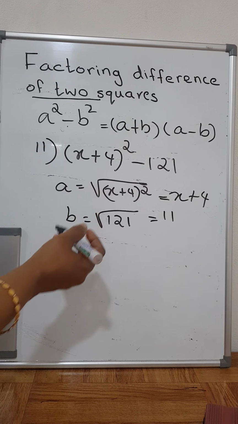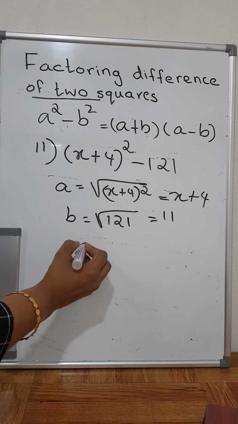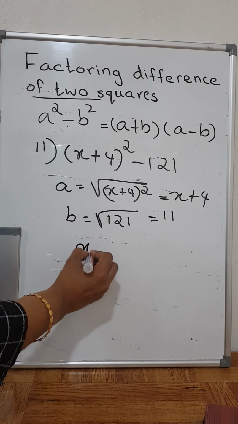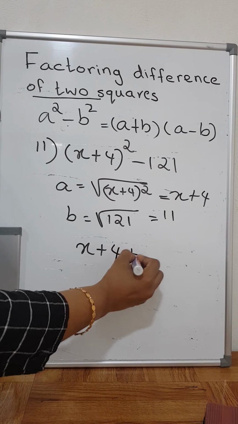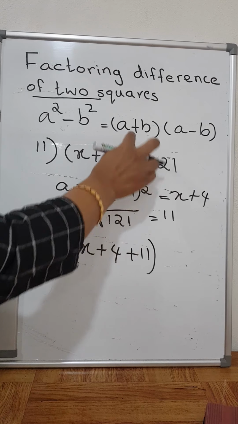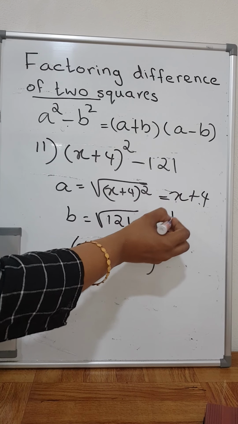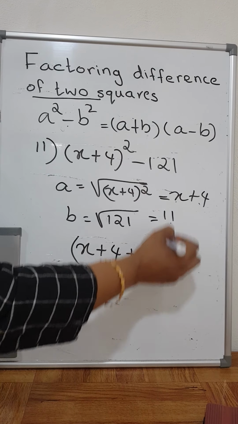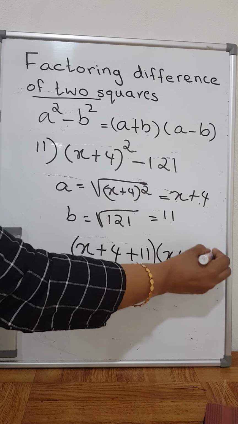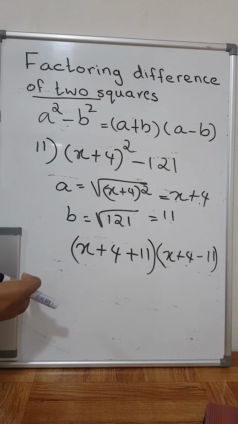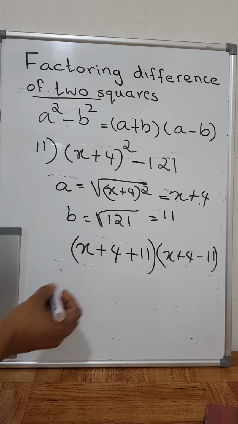So (x plus 4) the whole square minus 121 will be (x plus 4), that is our a, plus b, plus 11. See, (a plus b), x plus 4 plus 11, times (a minus b), x plus 4 minus 11. You can further simplify it, right?